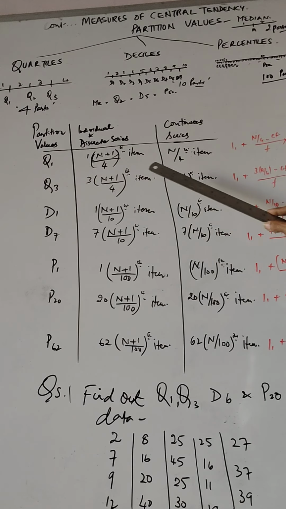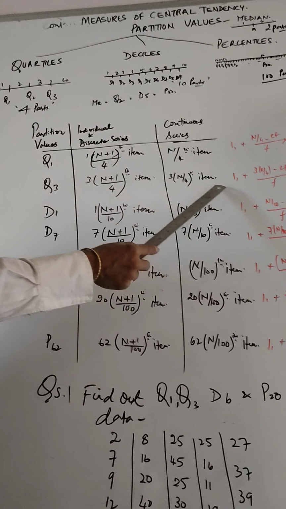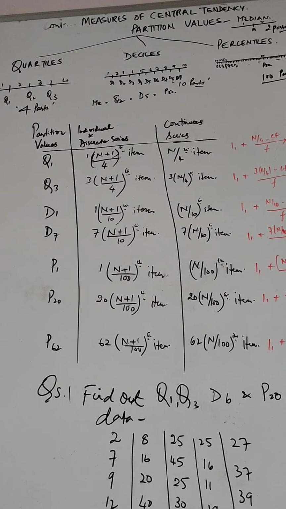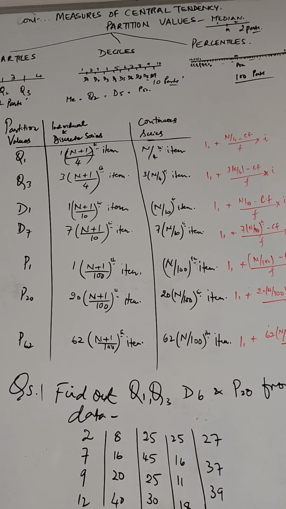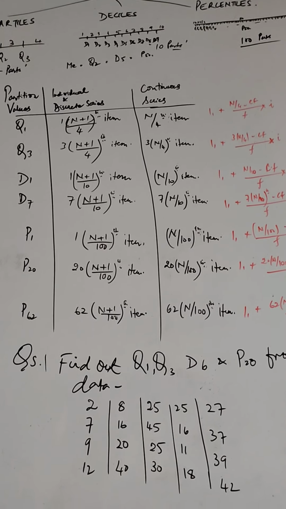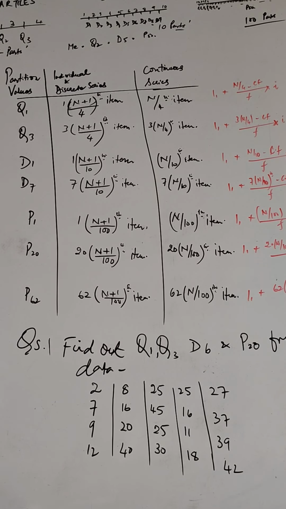So what do you do for Q3? 3 into n by 4th item will tell you in which class interval Q3 lies. Okay. Suppose you want to find out D1.